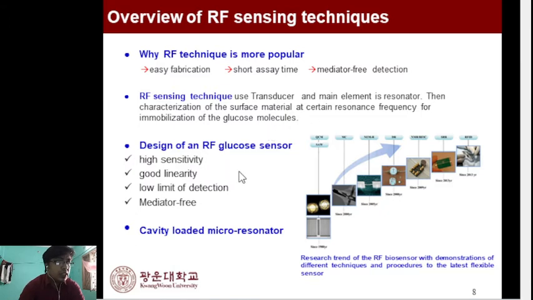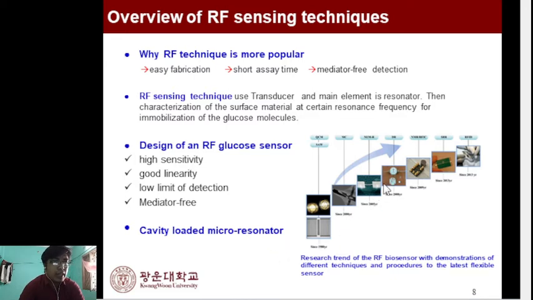The design of RF glucose sensors is highly sensitive and can show reliability, low limit of detection, and mediator-free operation. Another type, the cavity-loaded microresonator, is also used in the RF sensing technique.